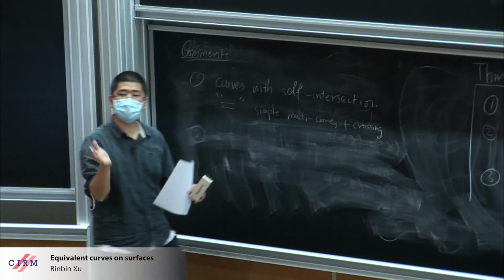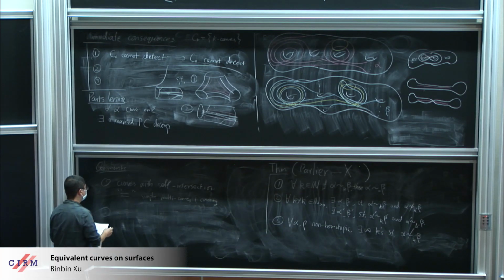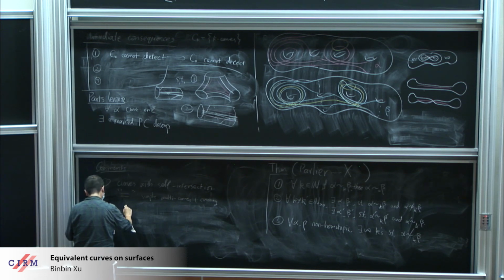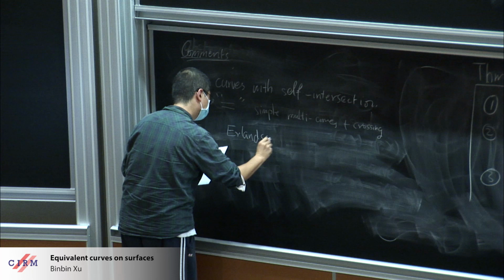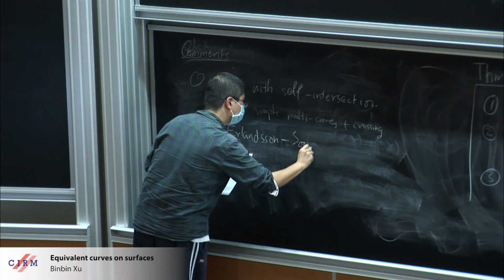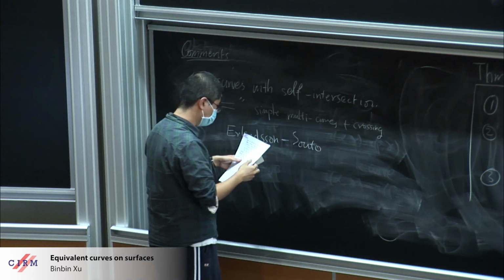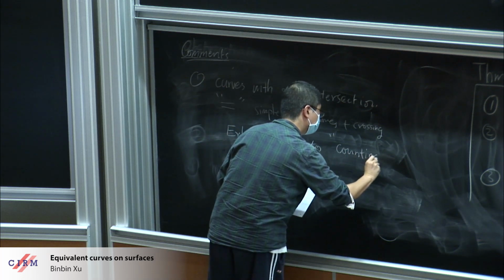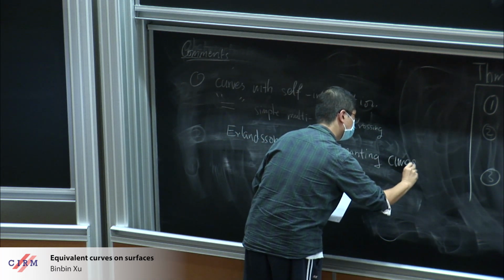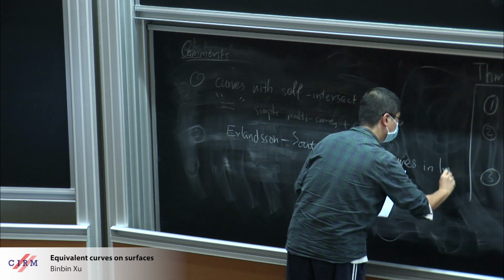And the crossings are only added in the cylinder part. So this also appears in the paper by Vo Vieca and Huan called Counting Curves in Hyperbolic Surfaces.